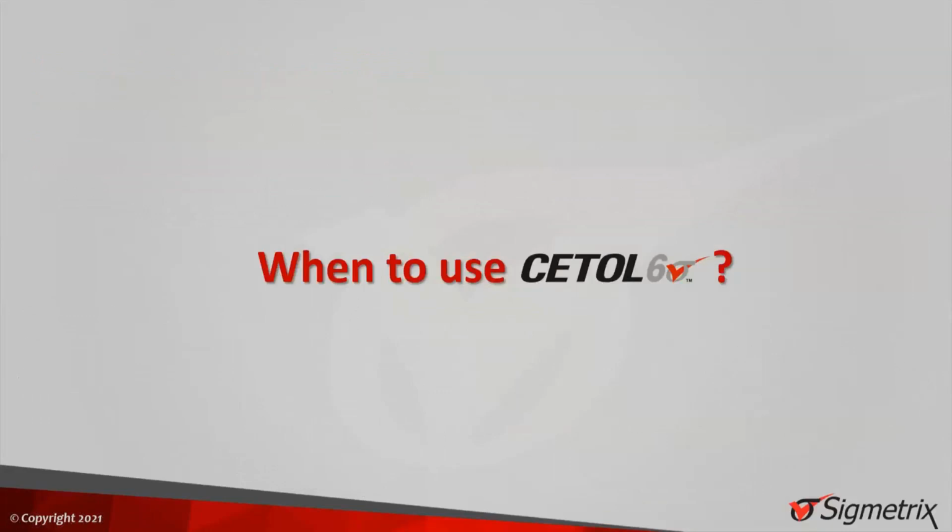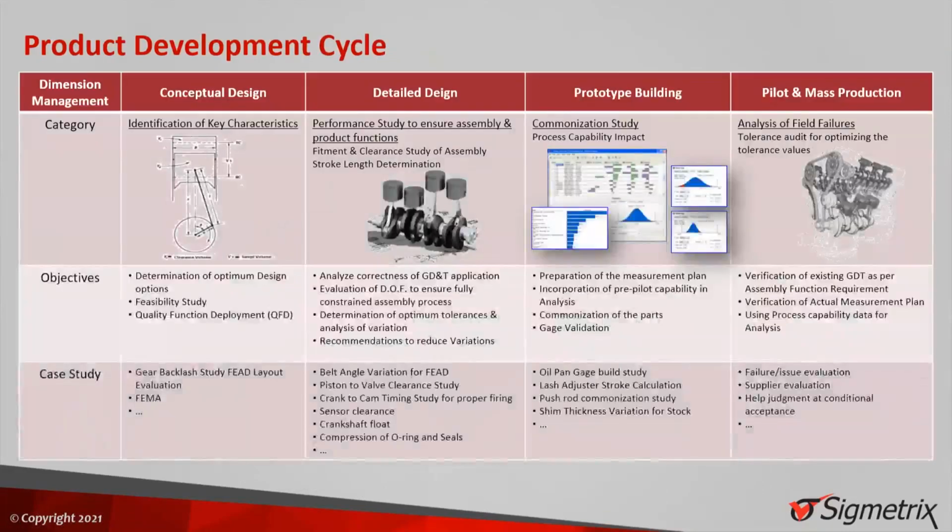Okay, when to use CETOL, when to do the 3D dimensional, 3D tolerance analysis. You will see this is a general product development and design cycle. Concept design, detailed design, no doubt, right? So let's talk about the prototype stage and pilot run or mass production stage, and what we can do.